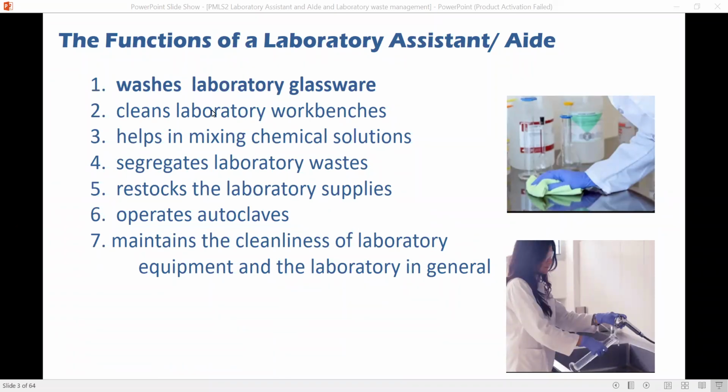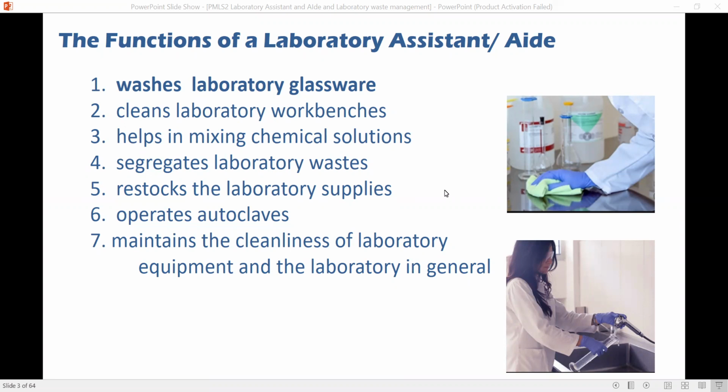So, washes laboratory glassware. Later we'll learn about this; we're going to focus on how to properly wash laboratory glassware. A laboratory assistant also cleans laboratory workbenches like this one. They also help in mixing chemical solutions.